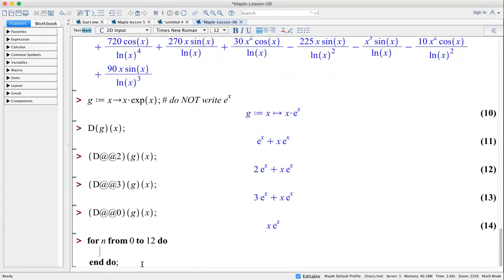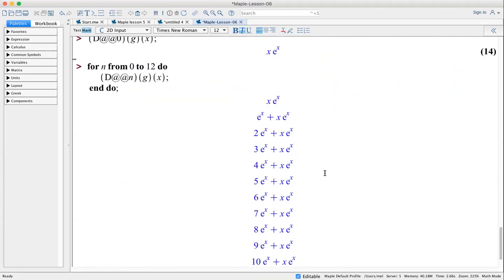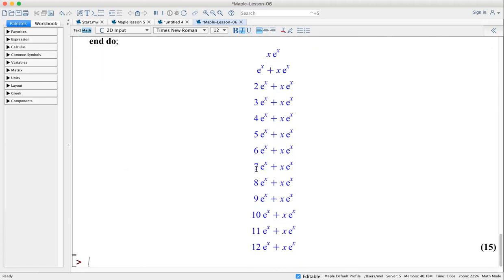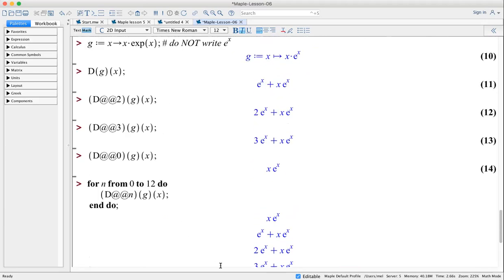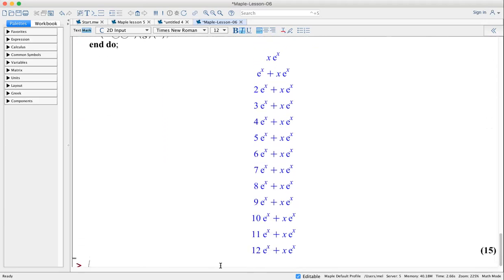And what I want to do is compute the nth derivative of the function g evaluated at x. And here we have it. You see, every term involves x e to the x preceded by 0 e to the x, 1 e to the x, 2 e to the x, and so forth. So you really see the pattern very nicely when you use a loop to iterate this derivative.